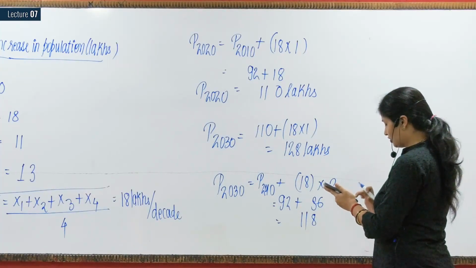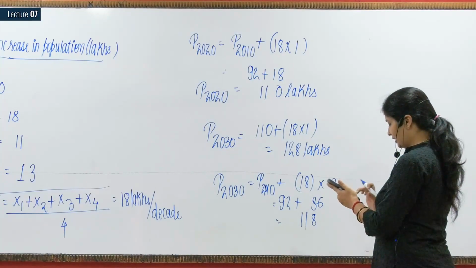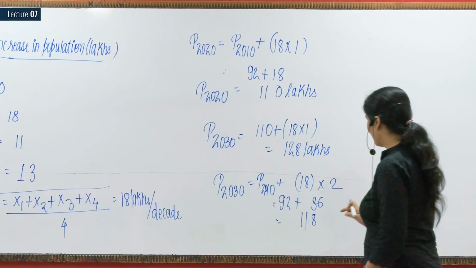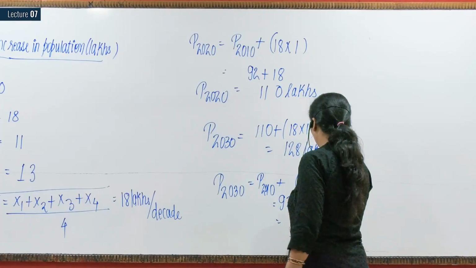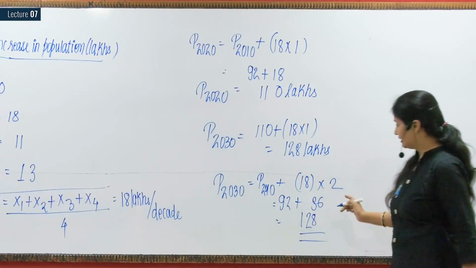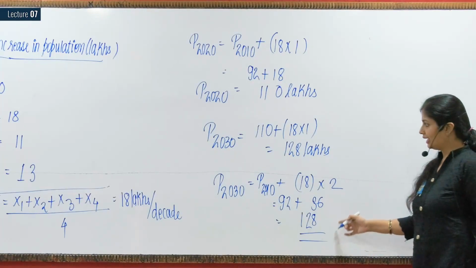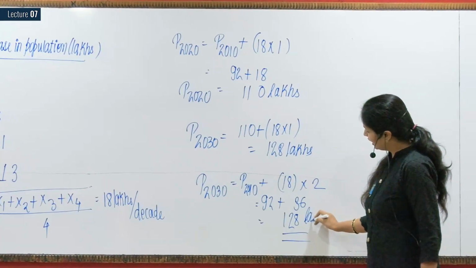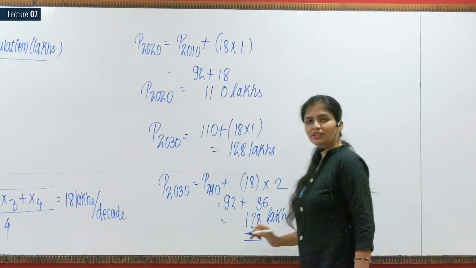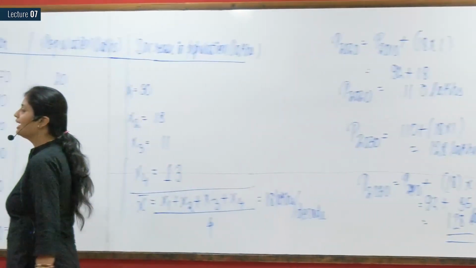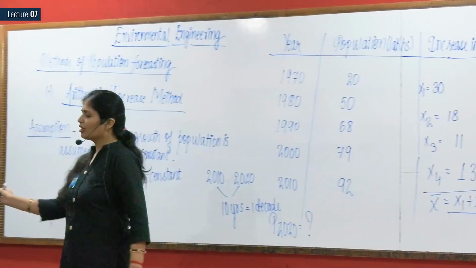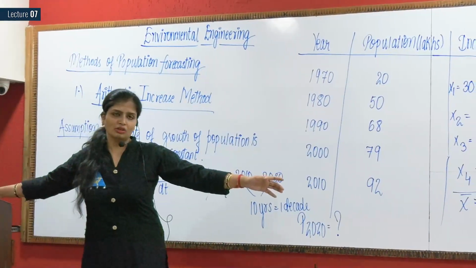And here the last data was 92 plus 18 into 2. So you're getting 128. Sorry, same value you're getting. I made a mistake. It was 36, I just thought it's 26. So here you saw that there is no change, but when there are values like 128.11, 12 lakhs, then you find some changes. No issues. You can do it in this manner also.